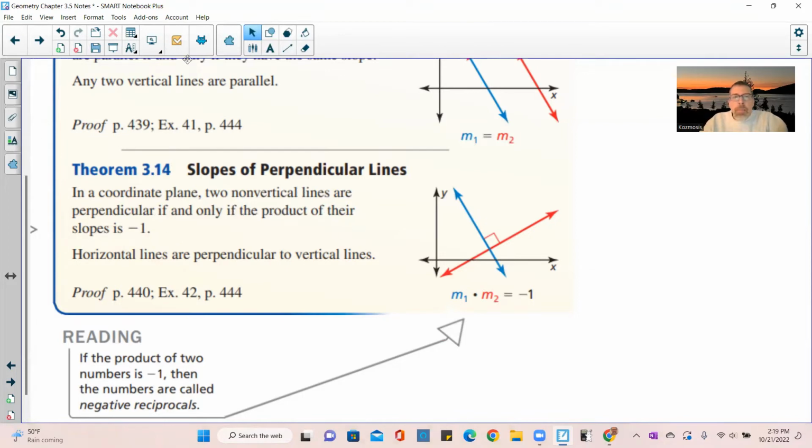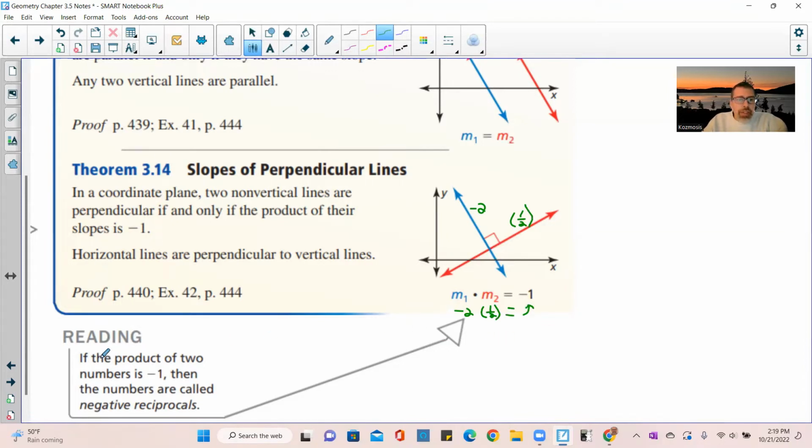So if I looked at this diagram, I would say that this slope looked like it was about -2. So if the slope of line 1 was -2, the slope of this line would then have to be +1/2, because -2 times +1/2 equals -1.